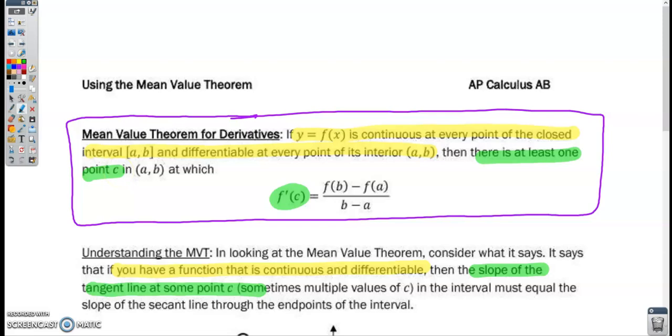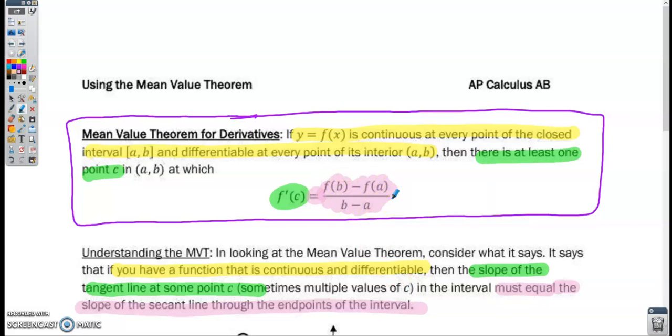At least, notice there can be more than one, just so you know that is definitely a possibility, must equal the slope of the secant line through the endpoints of the interval, which is what we see here, our good old slope formula, our average rate of change.